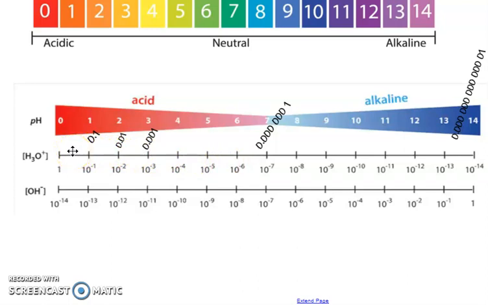So it's trying to show there's a relationship. Notice that each pair, when you multiply these two together, you add the exponents, so it'd be 10 to the negative 14. They always equal 10 to the negative 14, and we'll find that handy later on.